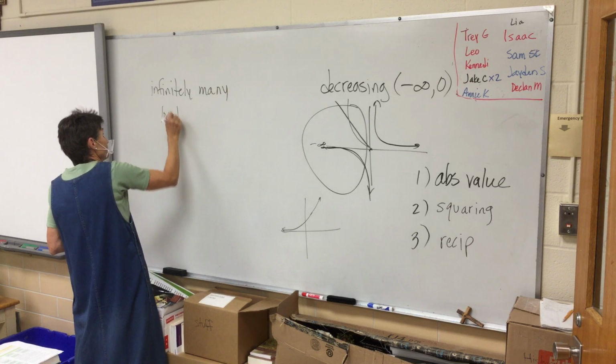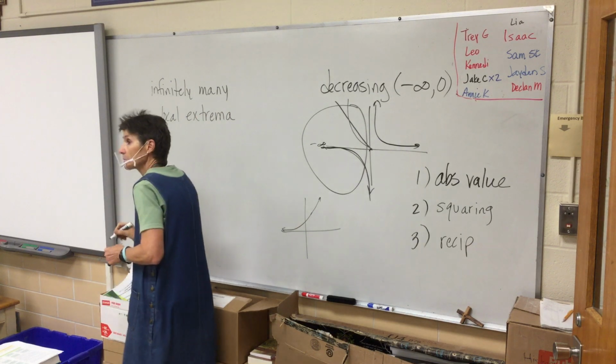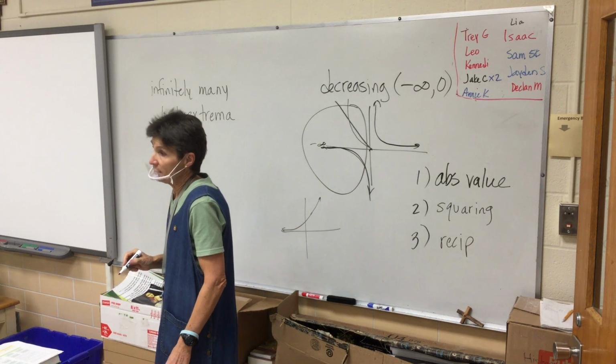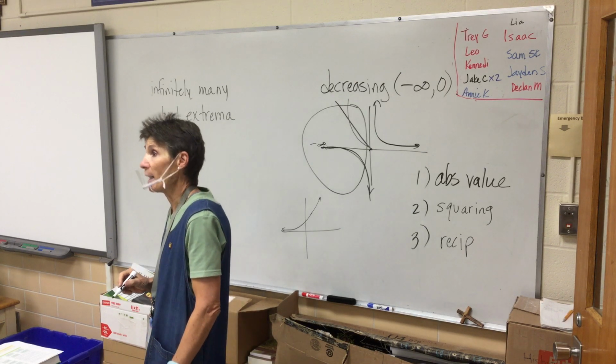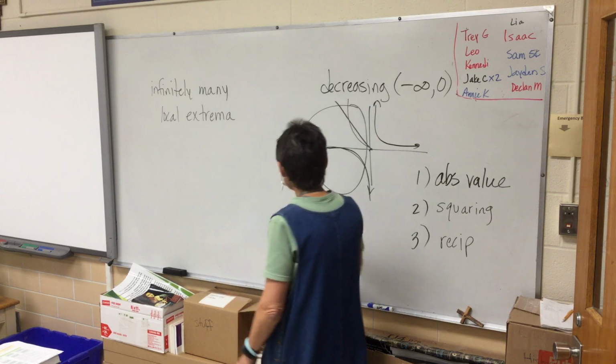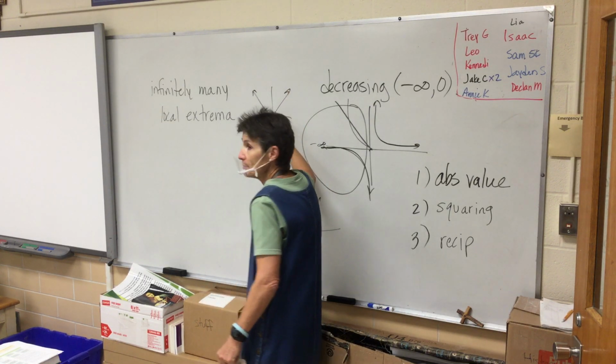local extrema. Wait, doesn't that mean they just keep going? Well, extrema are tops of hills and bottoms of valleys. So if we draw an absolute value function, for example, that would be an extremum.